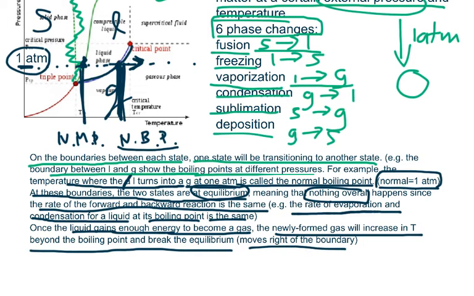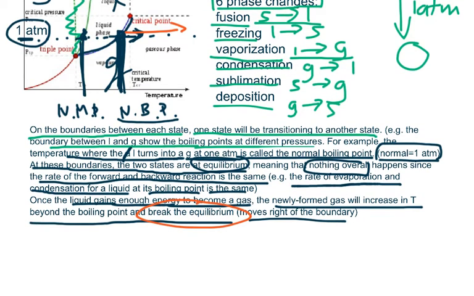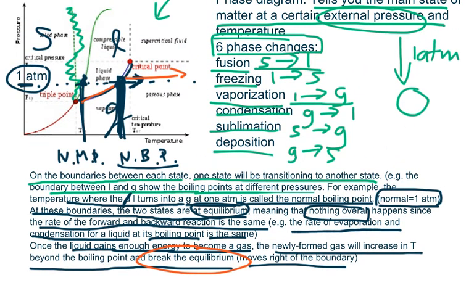So in this example, this would be the boundary, and it will move to the right of the boundary, which is not at equilibrium anymore. So that's why it breaks the equilibrium. Now, the point of this example is to say that nothing happens on those boundaries where boiling, sublimation, or any of that stuff happens. So on this boundary over here, all that's happening is that the liquid is gaining energy.